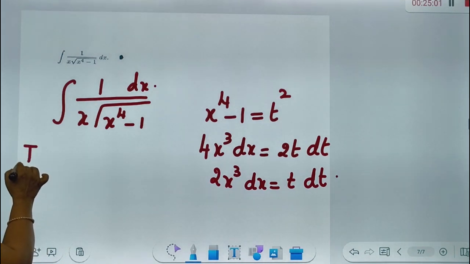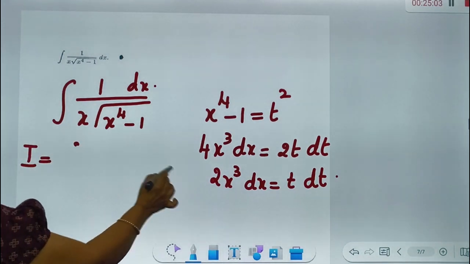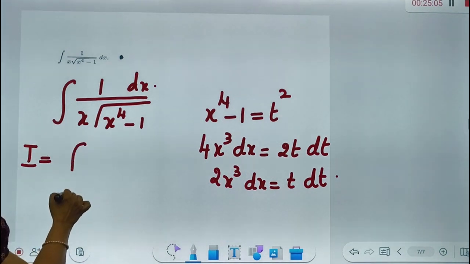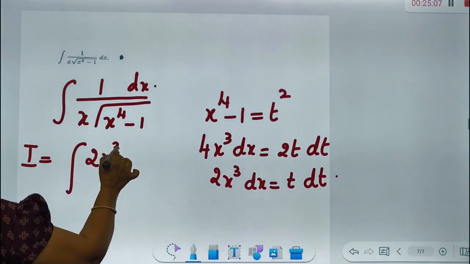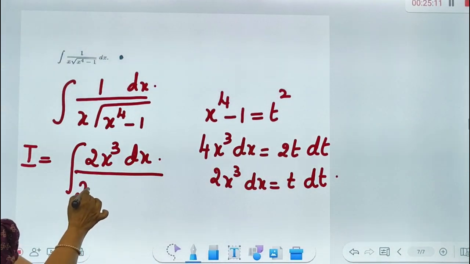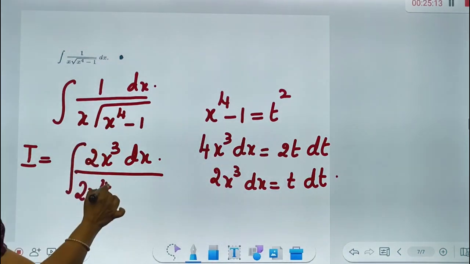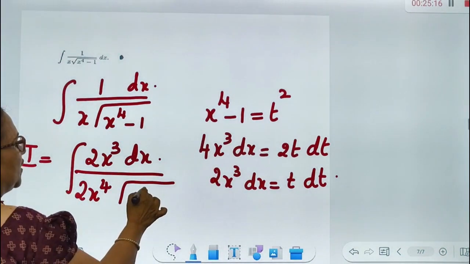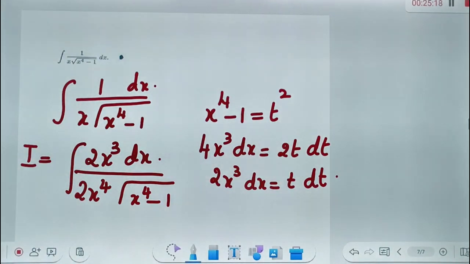So I will be equal to, now I want 2x cube, so I am going to multiply and divide by 2x cube. 2x cube dx, so this will become 2x power 4, x cube into x is x power 4 into root of x power 4 minus 1.